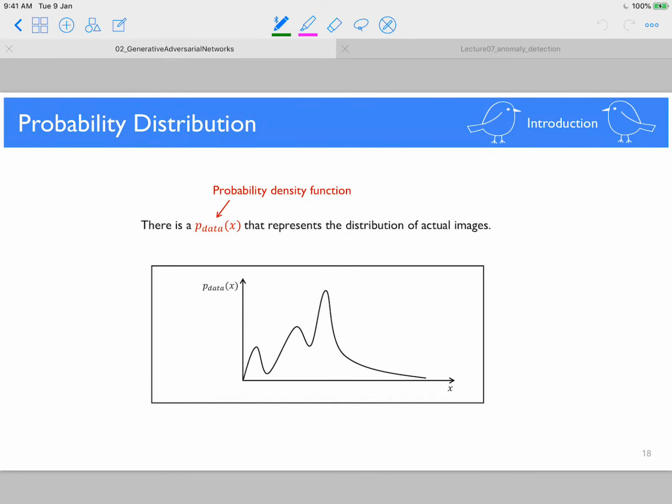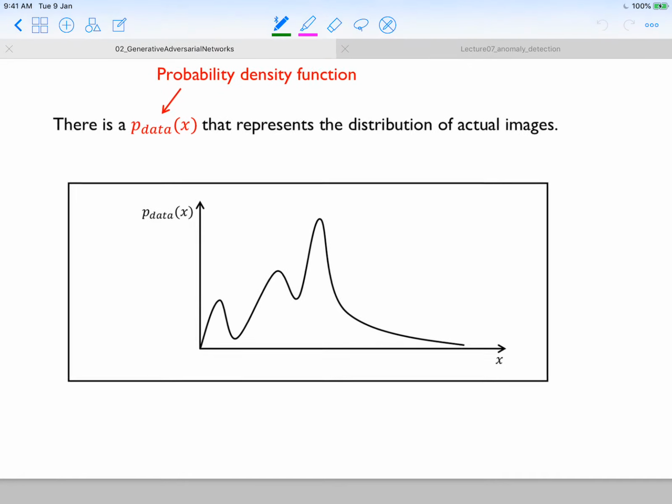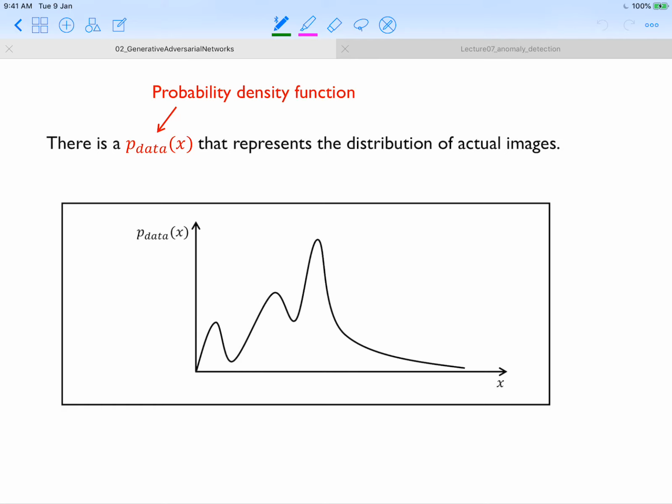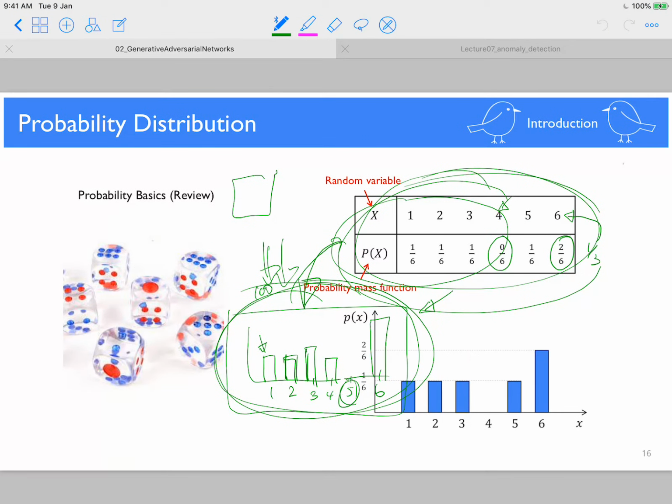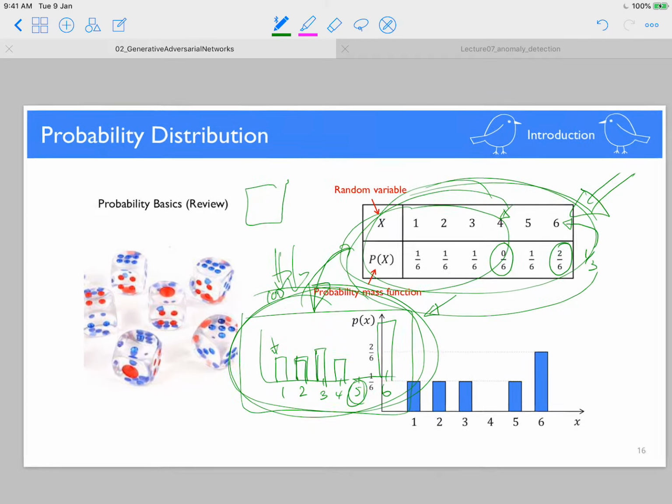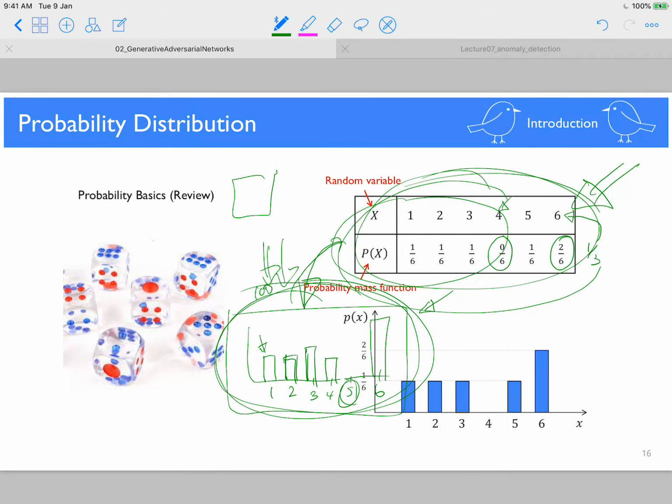Okay, so from the perspective of these facial images, I suppose we have 100 different facial images, and suppose the original distribution is like this, although it is not known, but we can assume that there exists some ground truth probability density where our data was generated from.